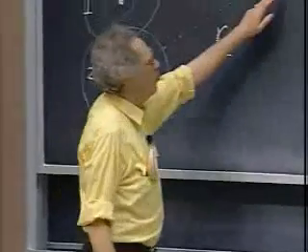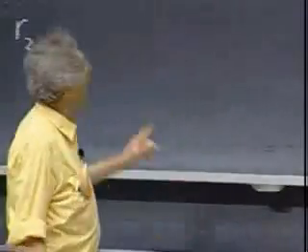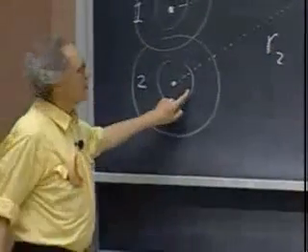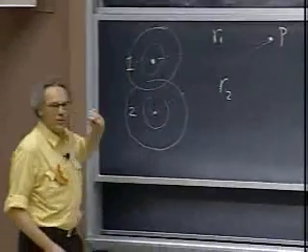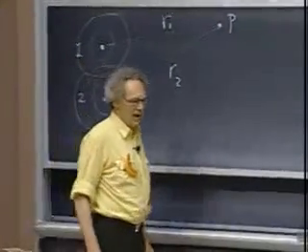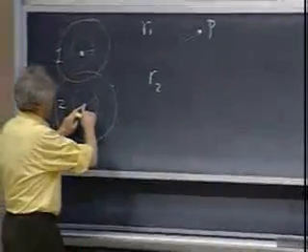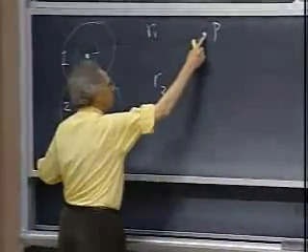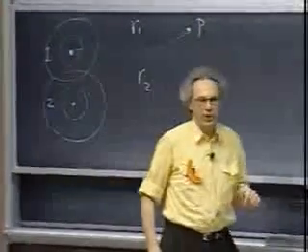Now if we look at the superposition of 2 waves, in this case at point P, and we make the distance large, so that r1 and r2 are much, much larger than the separation between these 2 points, then the fact that the amplitude of the wave from 2 is slightly smaller than the amplitude of the wave from 1 can be pretty much ignored.